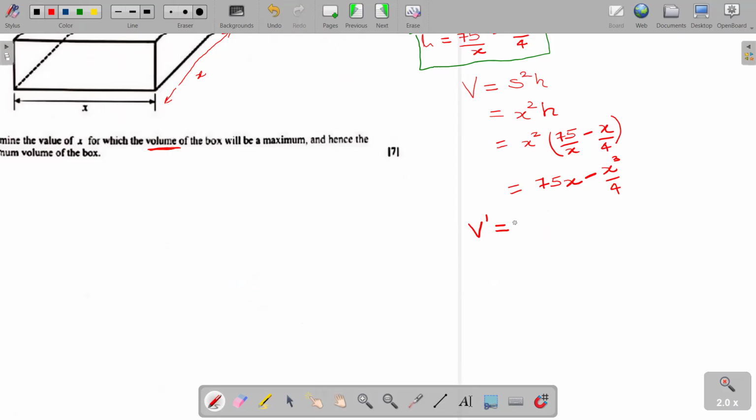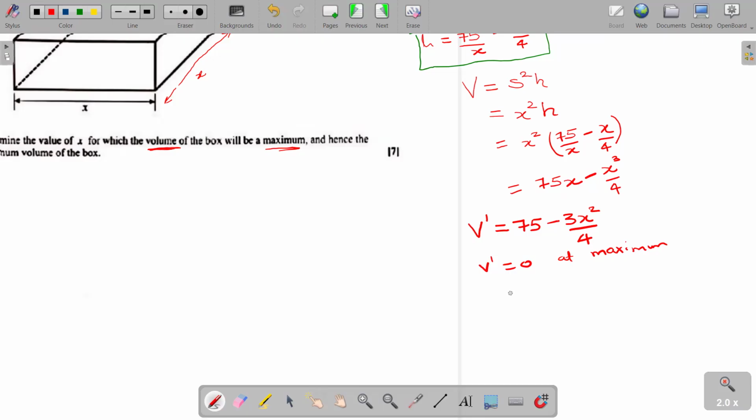So here we are going to have 75 minus, bring down the power, 3x squared over 4, but they said maximum, and we have to know that V prime equal to 0 at maximum. Therefore, we are going to equate this to 0.